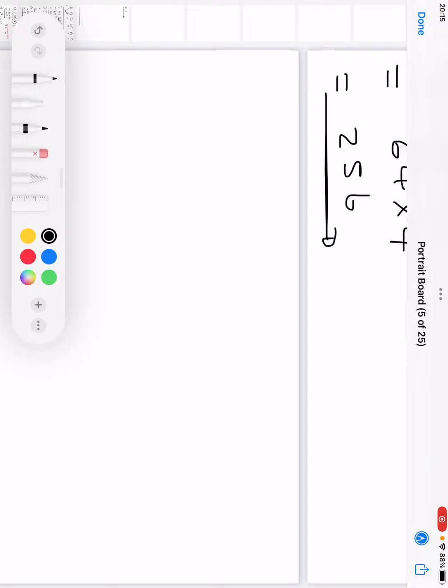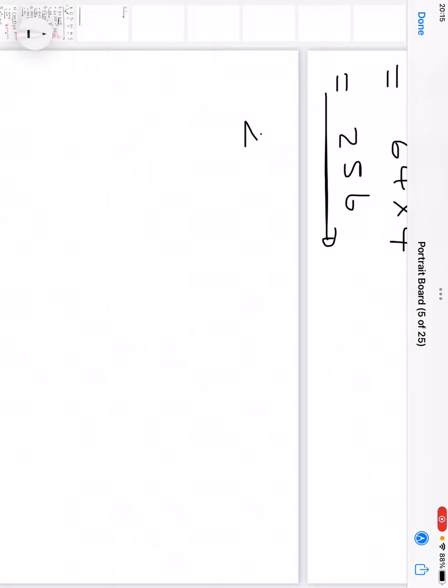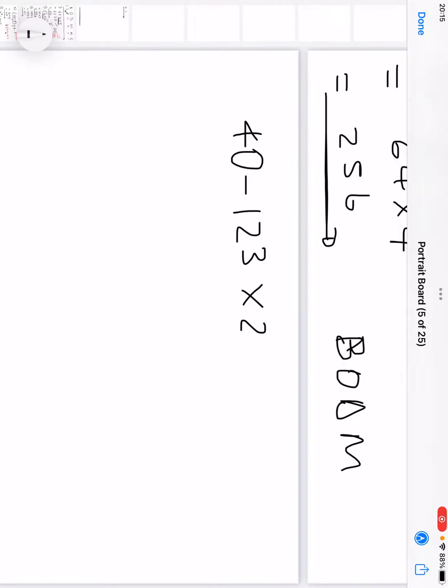Maybe let's look at this next example where we are having, let's say 40, we minus 1, 2, 3, and we multiply it by 2. For me, it will only make sense when I write that BODMAS, because I will look at it and say I don't have the brackets, I don't have the power there, division, I don't have it, multiplication, yes I do. So that means it will be 40 minus, then I'll multiply those two.